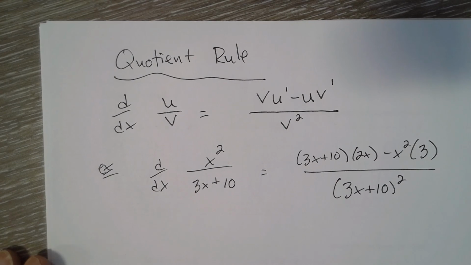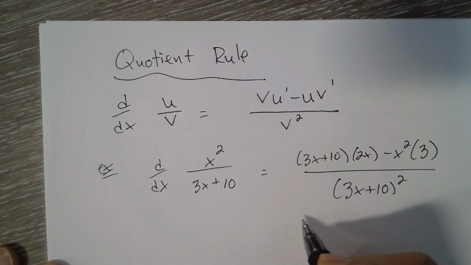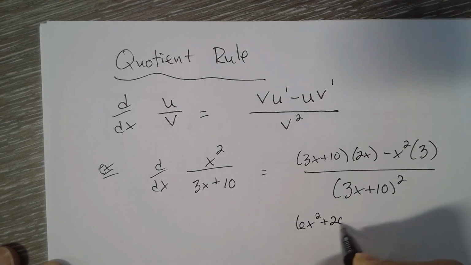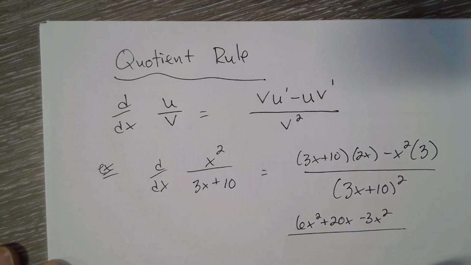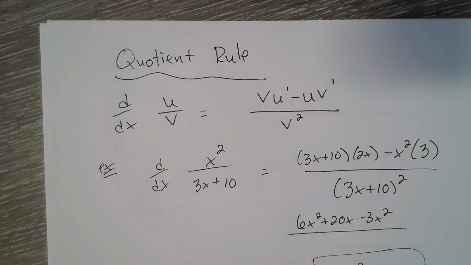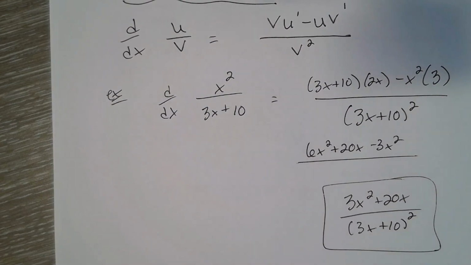Now we just have 20 seconds to clean it up. So I'm going to distribute back, so I have 6x squared plus 20x minus 3x squared, that's my top. So I have 3x squared plus 20x on top over 3x plus 10 squared. There's my answer. Just in time.